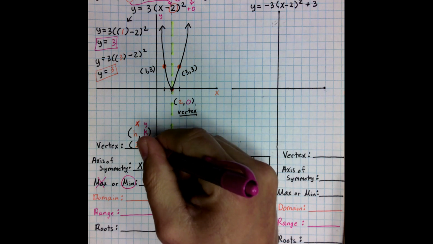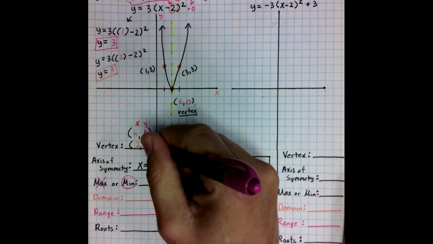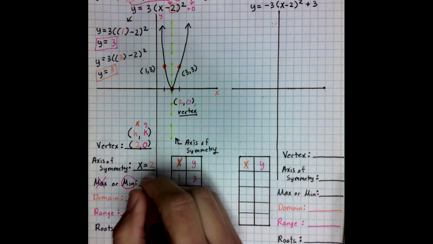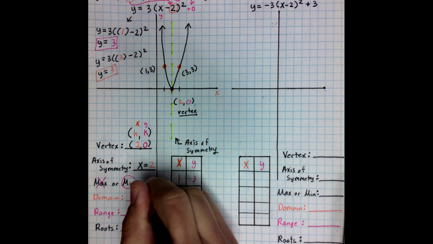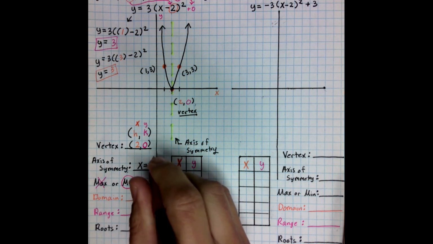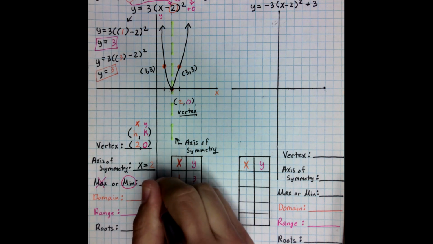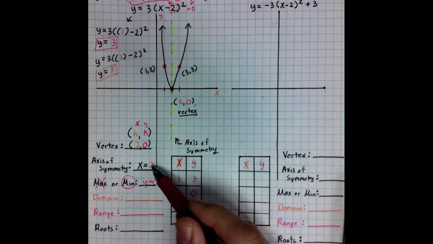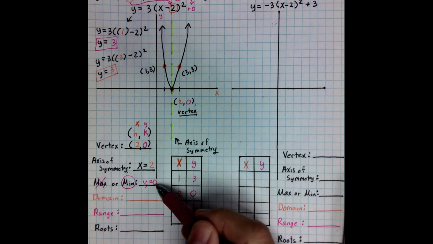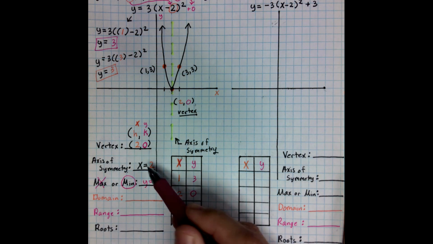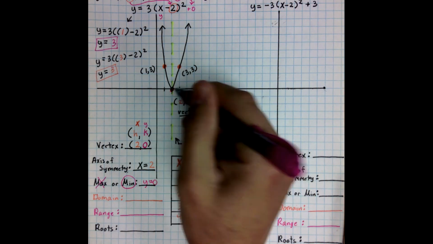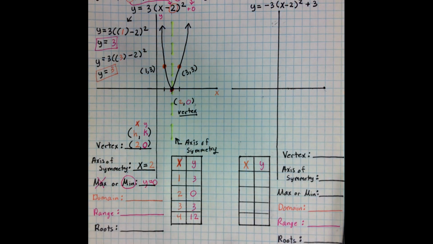So the y value of your vertex is always going to be your minimum or maximum value. So I'm going to write y is equal to 0. So notice we use the x value out of the vertex, and we use the y value out of the vertex to give our axis of symmetry and the minimum, because this is at the very bottom of the graph.